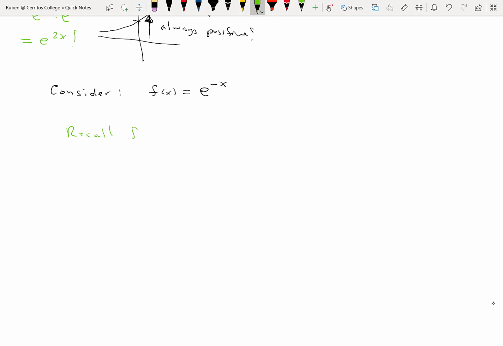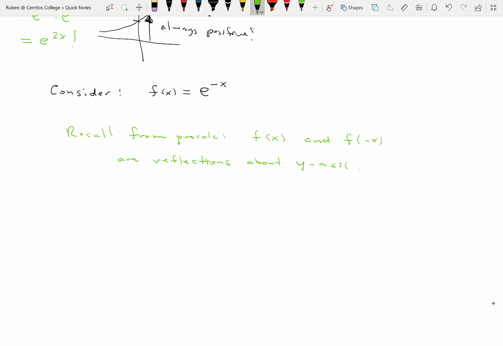Recall from pre-calc that f of x and f of negative x are reflections about what? They're reflections not about the x-axis, they're reflections about the y-axis.